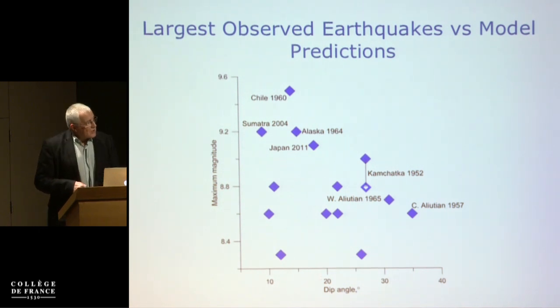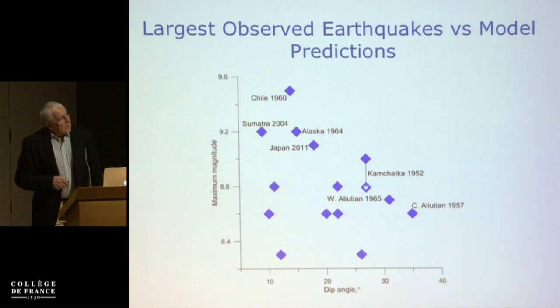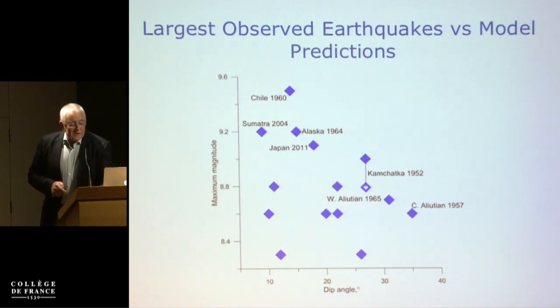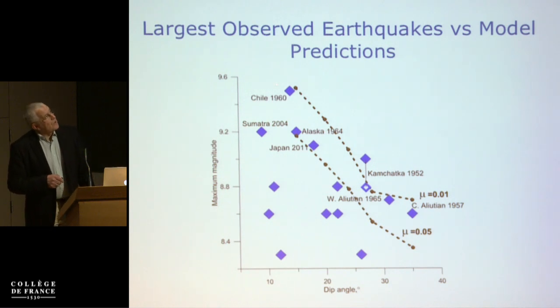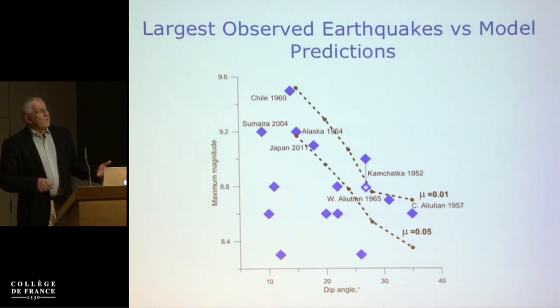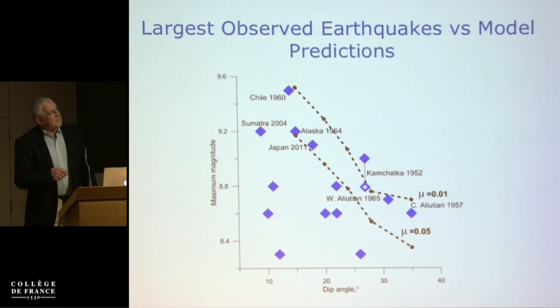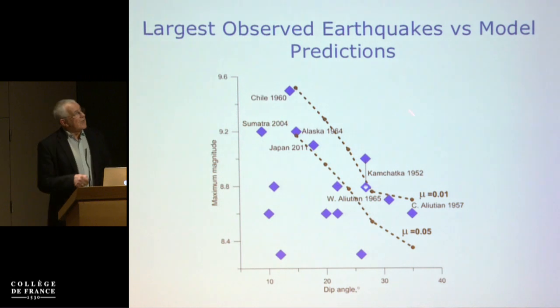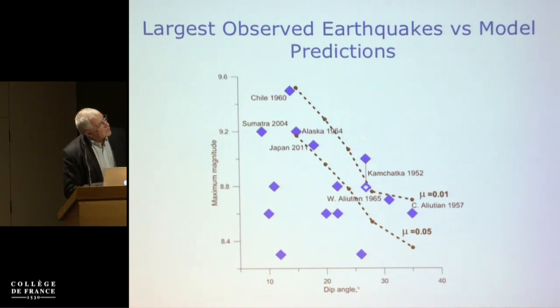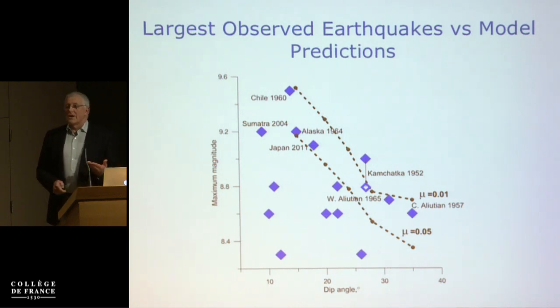For each subduction zone, we can put our range of predicted maximum magnitudes for a range of friction coefficients. And this is how it looks. This is our minimum friction coefficient, and this is our maximum friction coefficient. And you see that we fit very nicely the envelope of all these earthquakes. It looks like all the earthquakes indicated here came very close to their theoretical maximum.